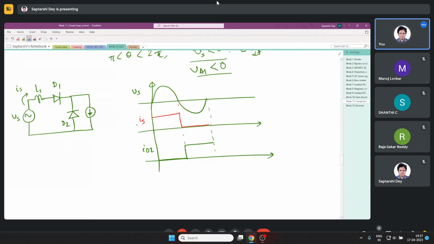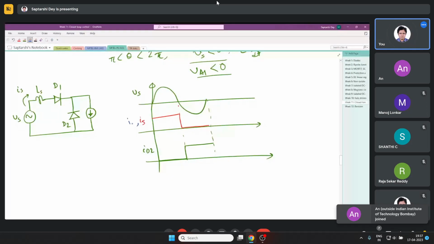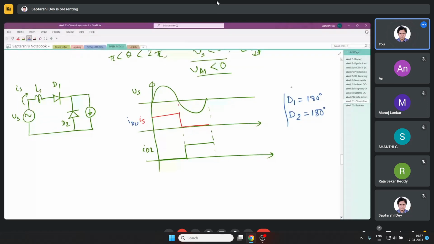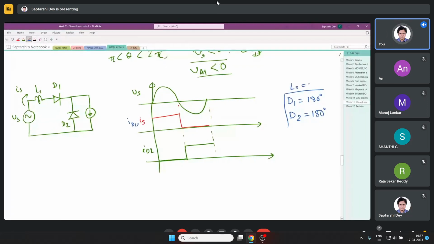As of now, forget the inductance for the time being. Diode D1 was conducting for 180 degrees, and diode D2 was conducting for 180 degrees, if there is no source inductance.